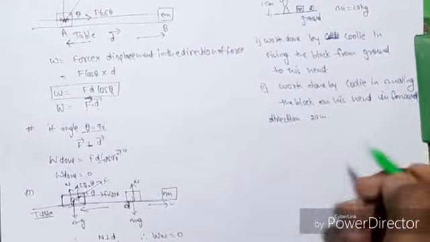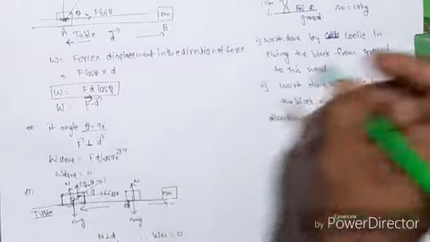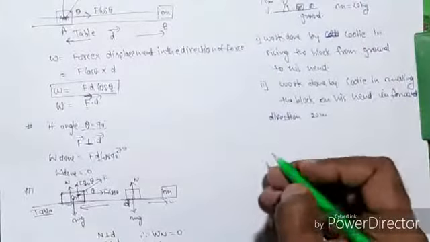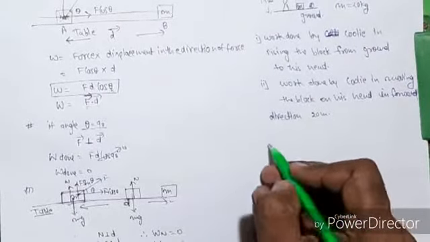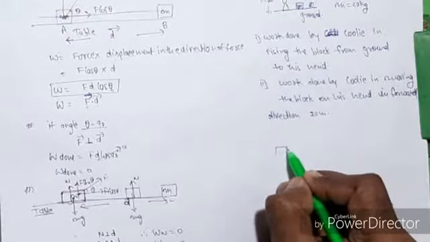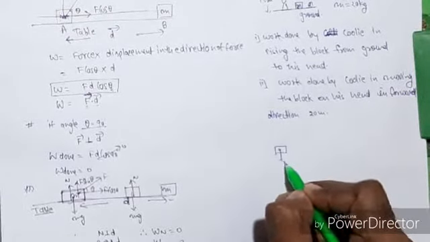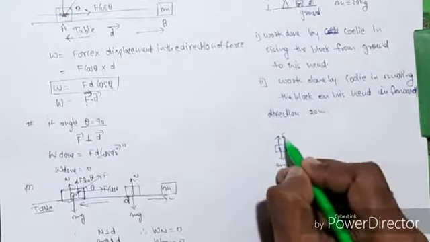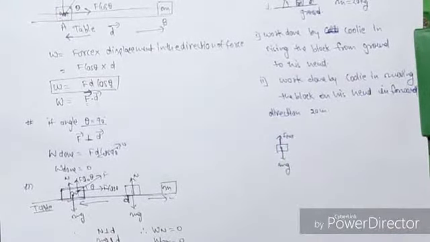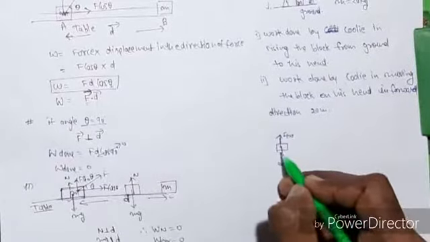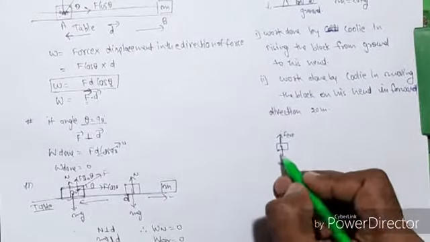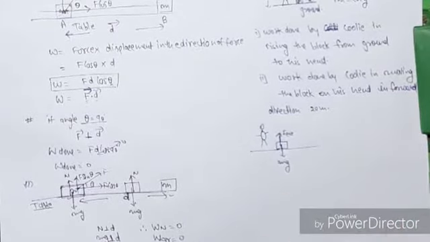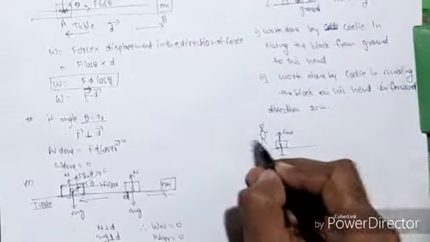So we see that in this case a coolie lifts a 20 kg mass up and places it on his head, suppose. So how much work will he have to do? If you look at mg, it will act downward, and the external force to lift the block you have to apply. If we are moving the block slowly from the ground to the head of the pulley, this is the displacement.